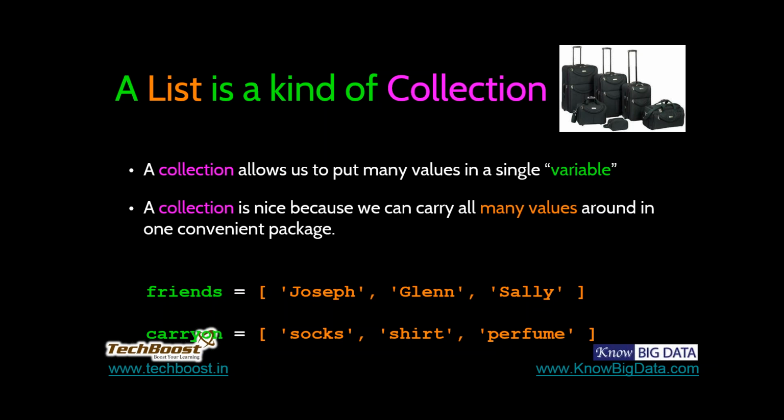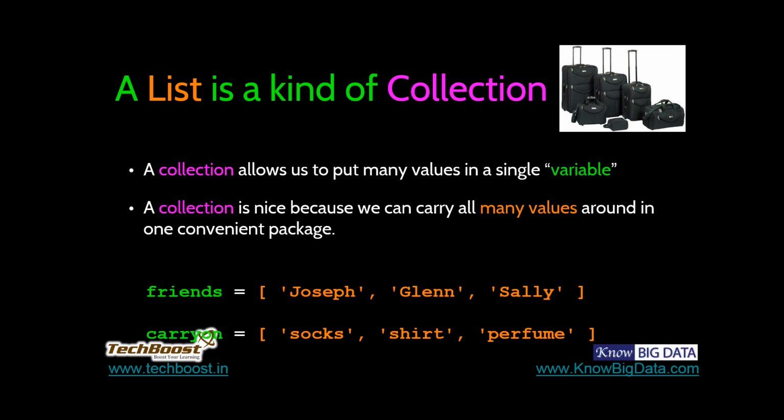For example, we can have a list of strings, we can have a list of numbers, we can also have list of lists, right? And we can also have list of mixed kind of items. That is, we can have list of numbers, strings, lists, tuple, dictionaries together.